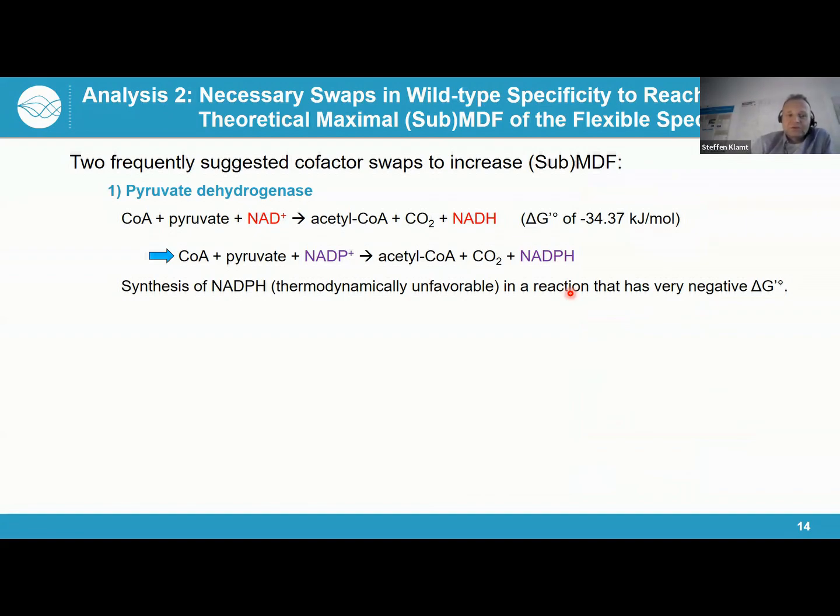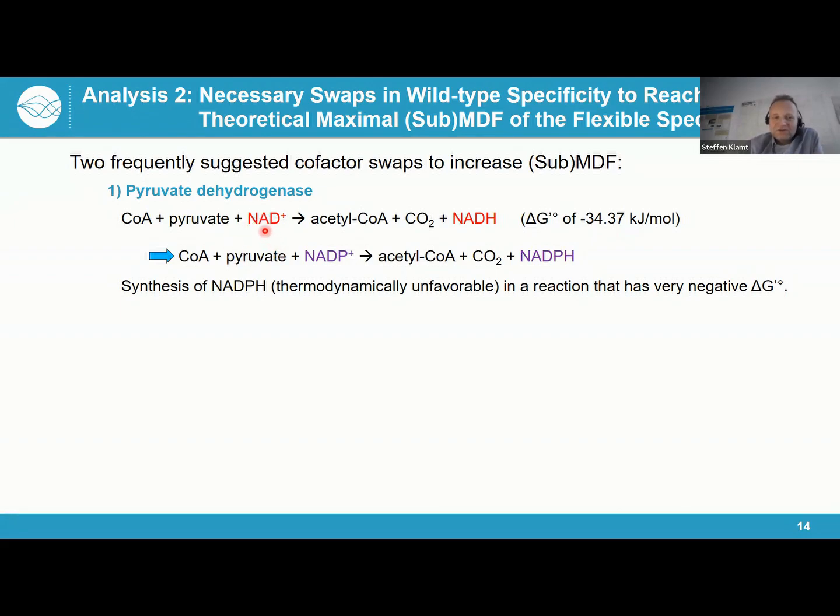So the first example here is pyruvate dehydrogenase, which has a very negative standard Gibbs free energy, which indicates that this reaction is thermodynamically favored. And this reaction uses normally NAD in E. coli as a redox cofactor, as an electron acceptor.